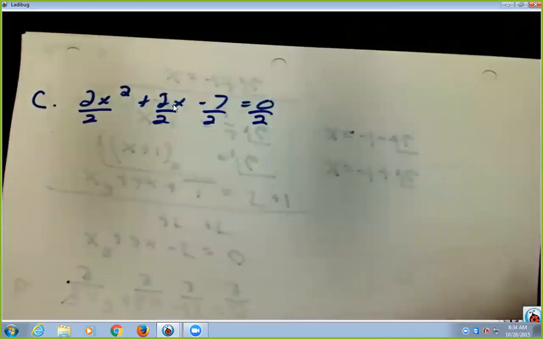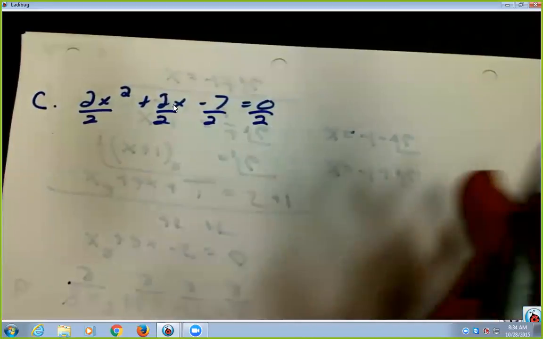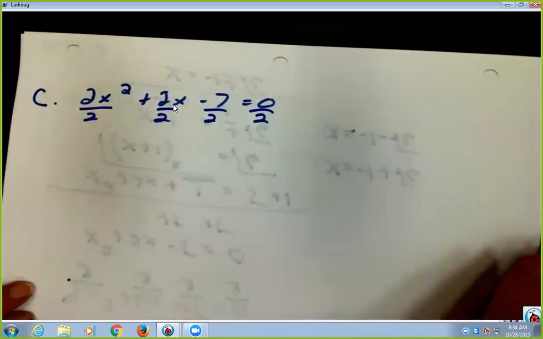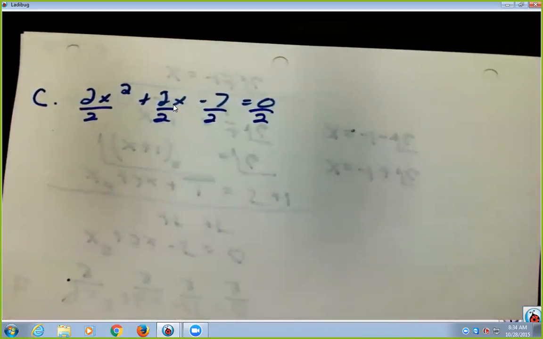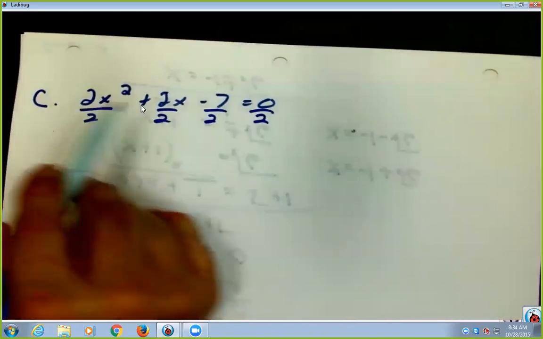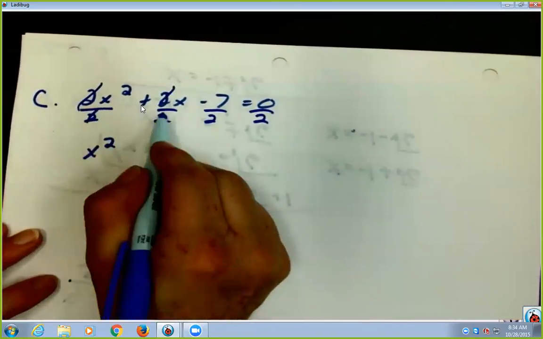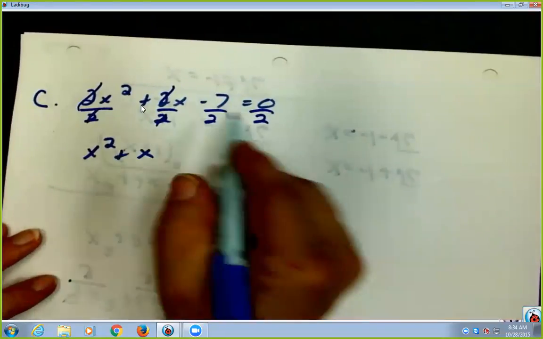In this section, you need to practice this so that you know how to do completing the square. But when we get to 10.2, we're going to use the quadratic equation, and that's going to make a difference in solving these too. So these cancel, gives me x squared. These 2's cancel, gives me an x.